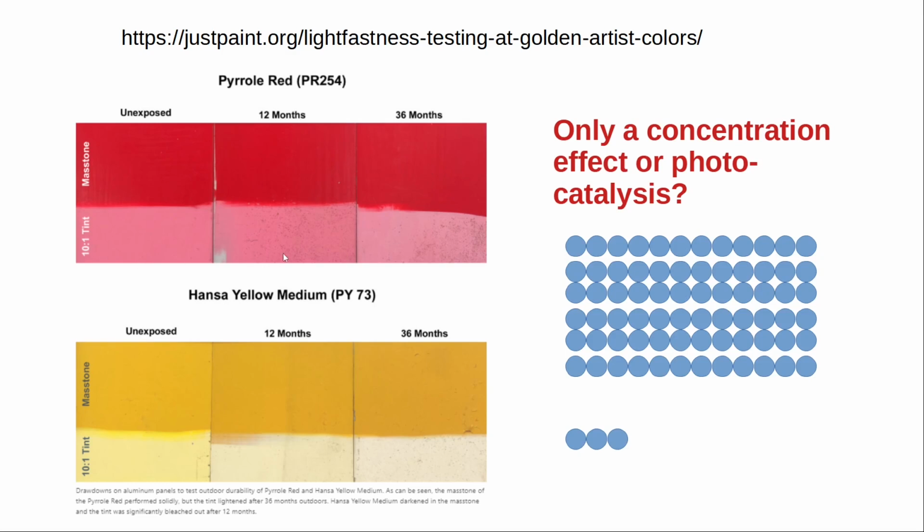But when it's mixed with white, then you have fewer of those red pigment molecules available here. And that's why a change is more noticeable. So if you have a mixture of white and red, and a few of your reds get degraded, you're going to notice it much, much faster than in the case when there are many of those pigments.